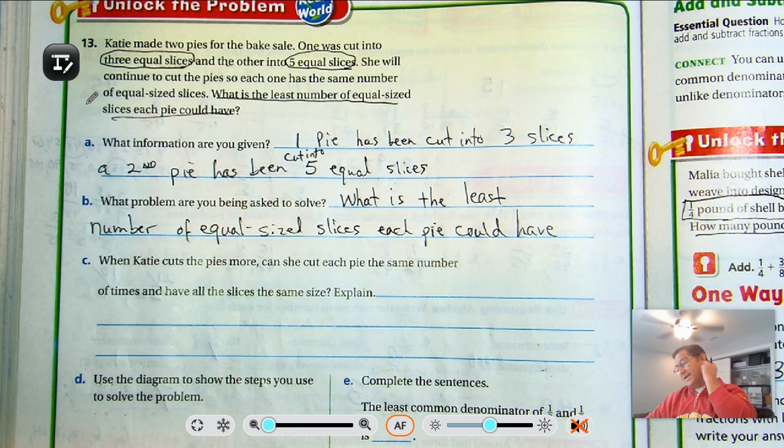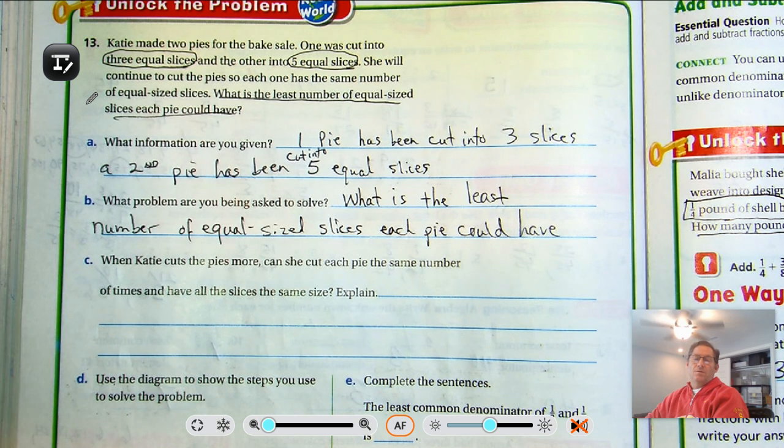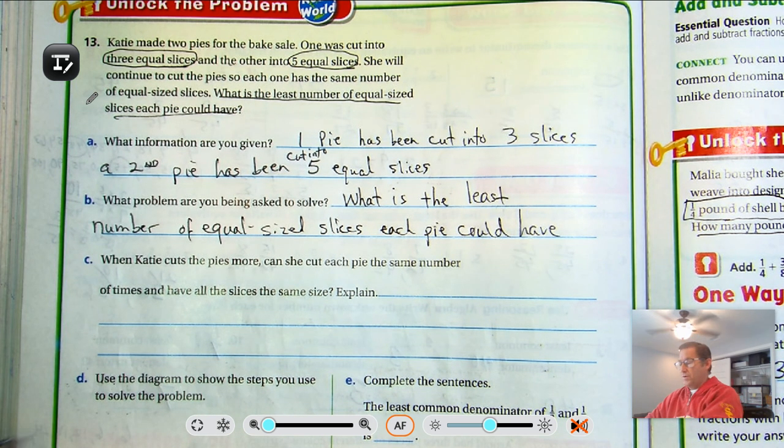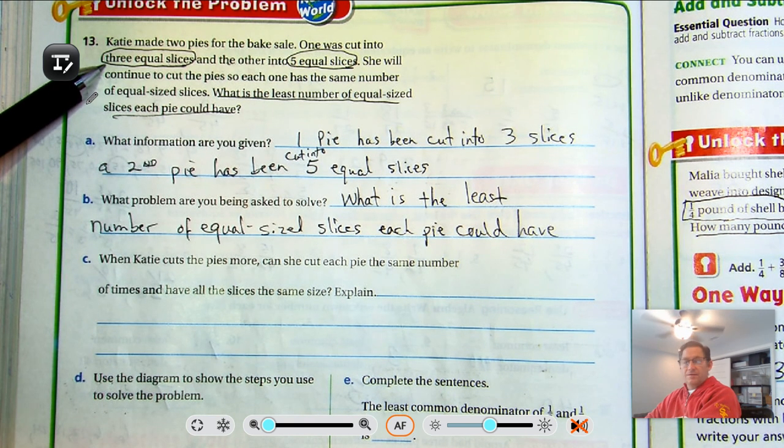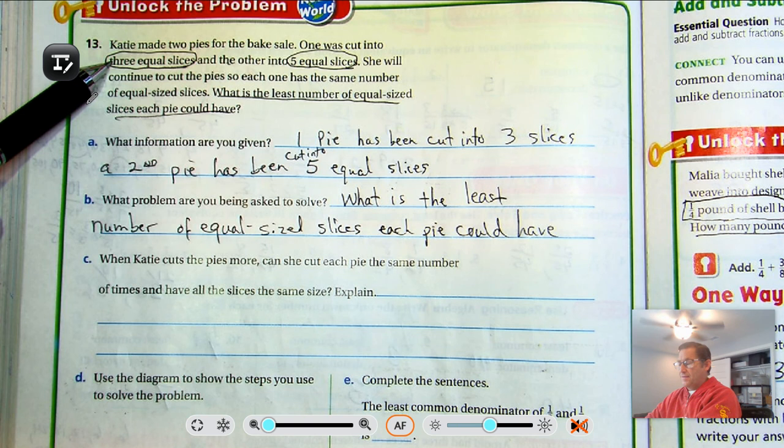All right, so C. When Katie cuts the pies more, can she cut each pie the same number of times and have all the slices the same size? Well, no. Because let's say she cuts this pie 5 more times, or times 5.